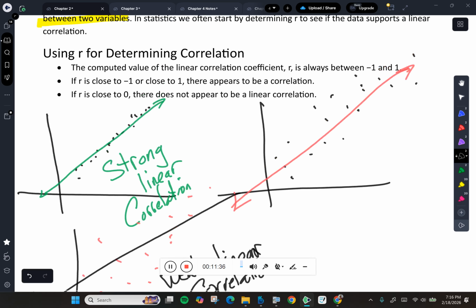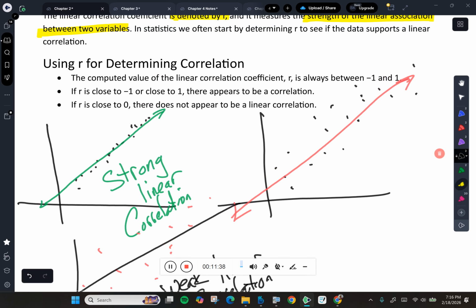Right? Now, when we actually calculate R, it is going to be a computed value, and that number is going to be between -1 and +1 inclusive. The closer it is to -1 or the closer it is to +1, the better it is. This first one over here in green would have an R close to 1.